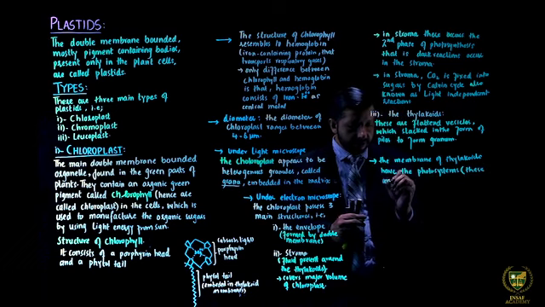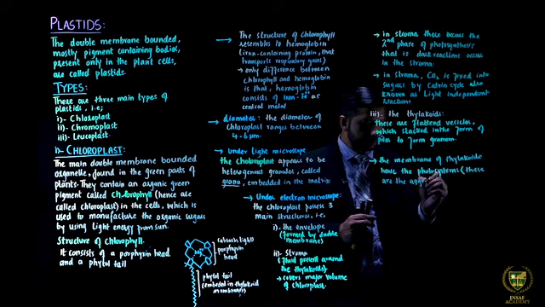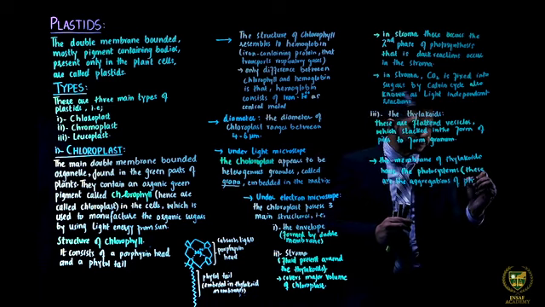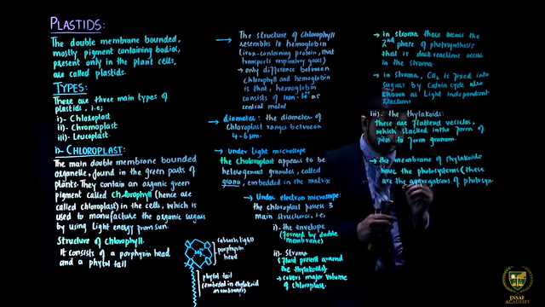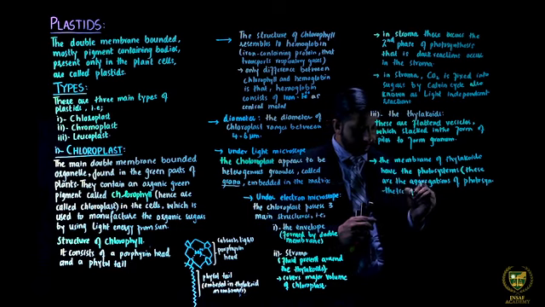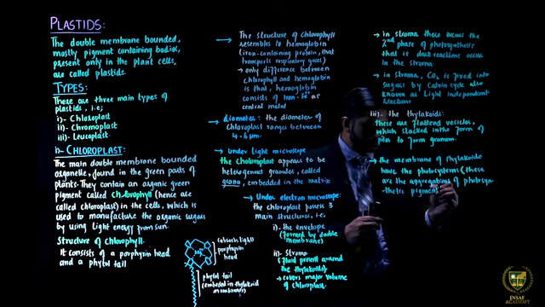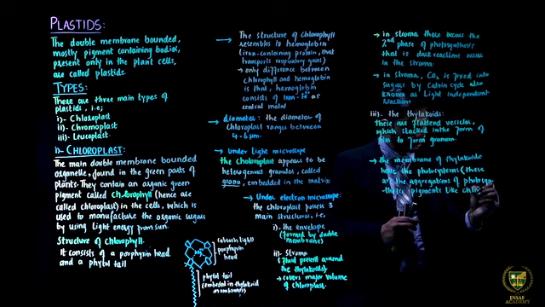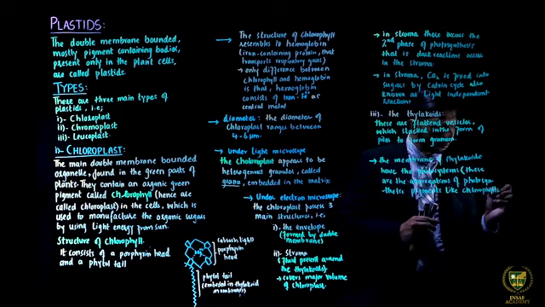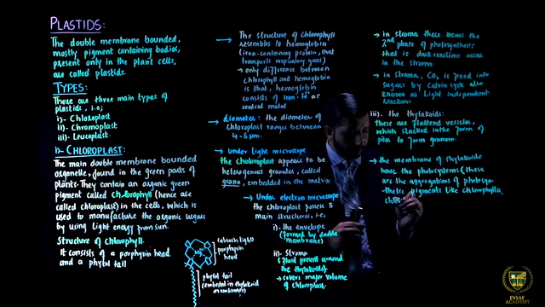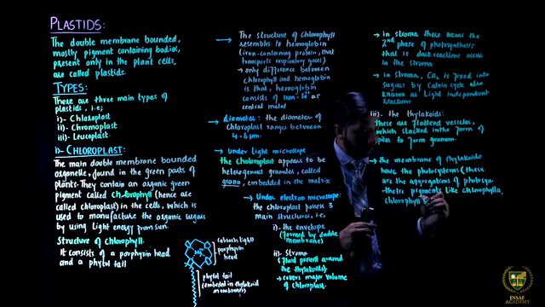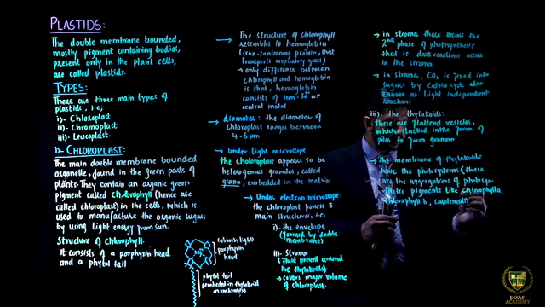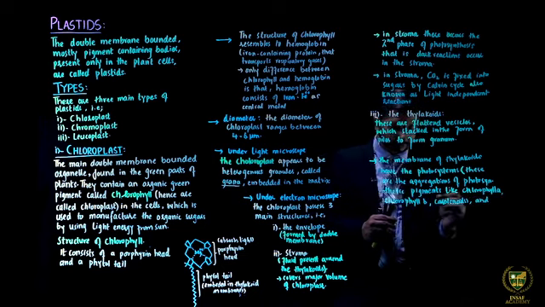These are the aggregations of photosynthetic pigments, like chlorophyll A, chlorophyll B, and carotenoids. Clear?